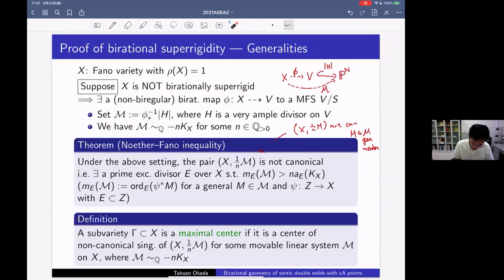In other words, there exists a prime exceptional divisor E over X satisfying this kind of inequality.